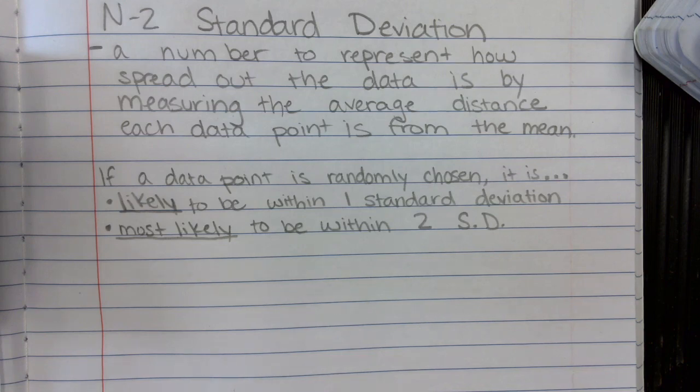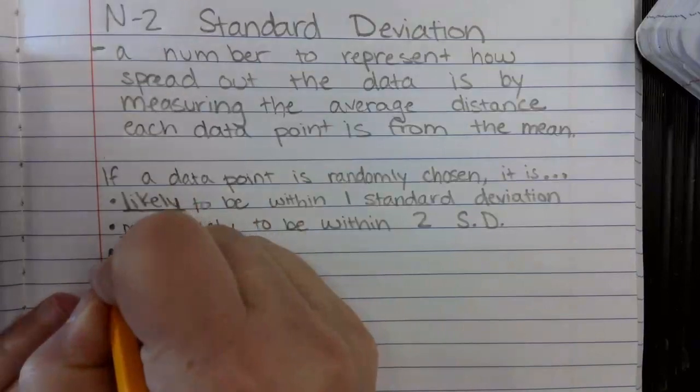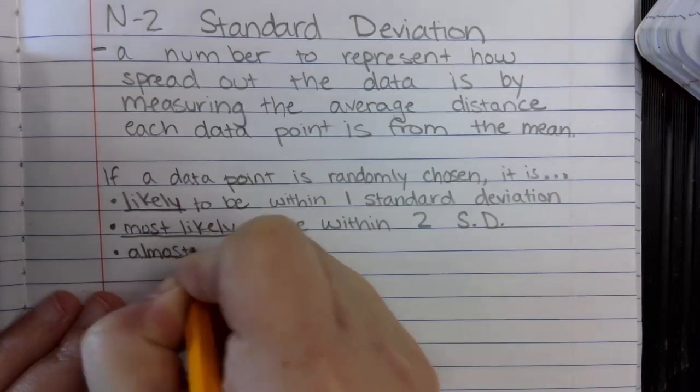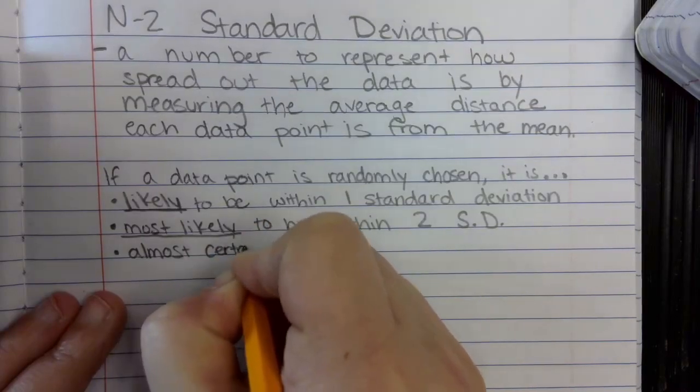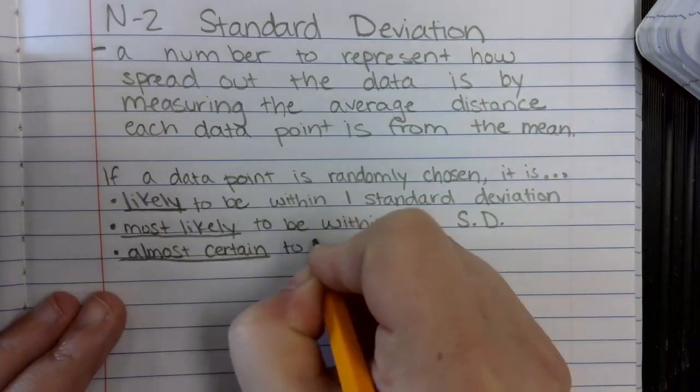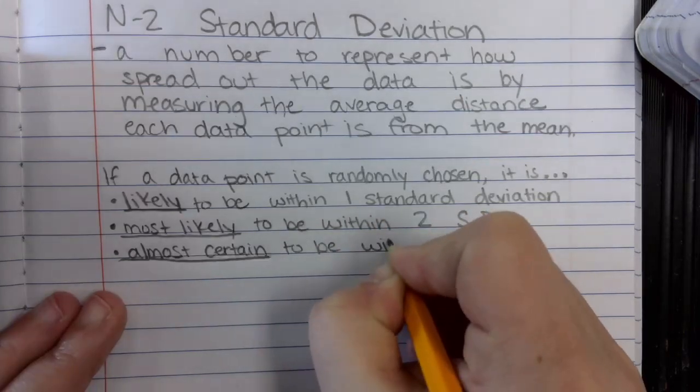I could say, "Yep, most likely. Almost all of the points should be within 2 standard deviations." Okay, and then almost certain to be within 3 standard deviations.